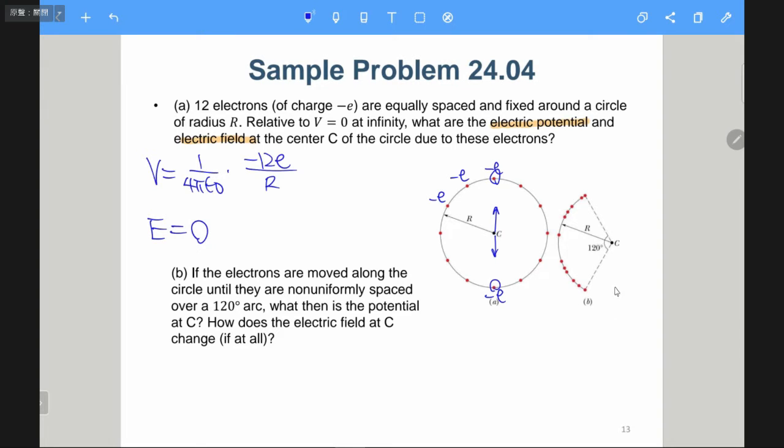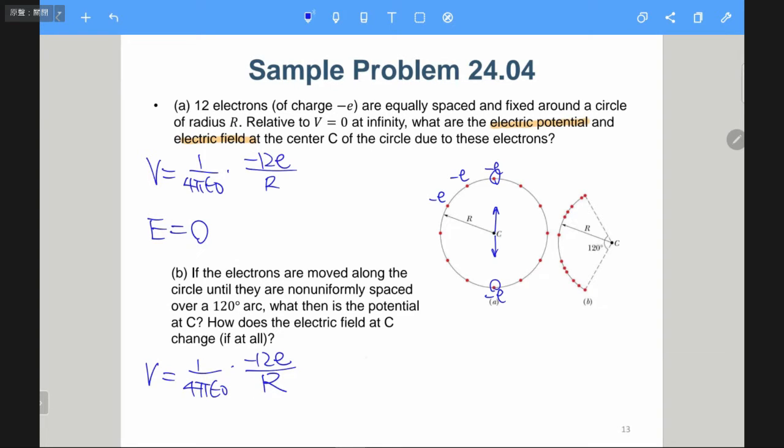There are still 12 in total, and the distance doesn't change. So V doesn't change at all. The distance from all the charges to this point doesn't change, so the potential won't change, because we only calculate the algebraic sum, not the vector sum.